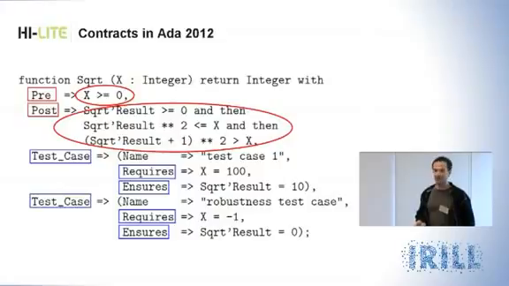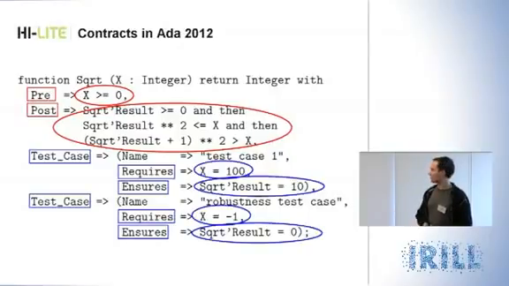Right? Next step is to introduce test cases, which do not have this same executable semantics. That is, the compiler is not going to introduce anything for these test cases, but they're expressed the same way. So you have different names. For example, requires corresponds to a precondition and ensures to a postcondition, to avoid mismatch.